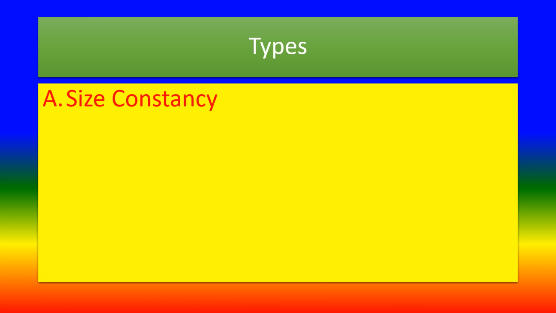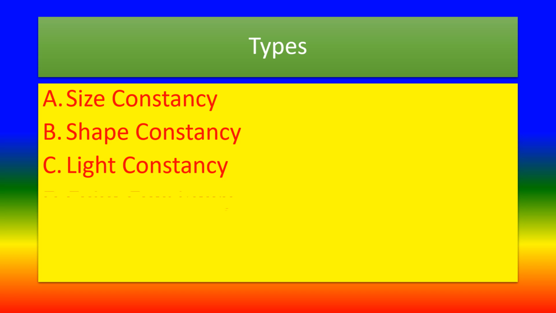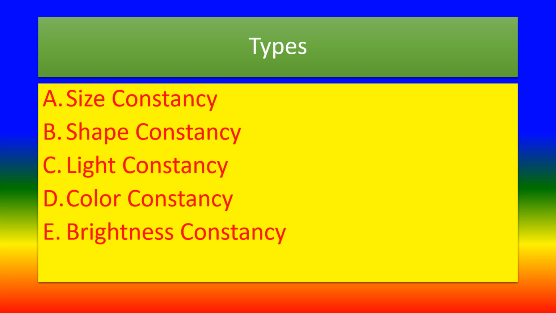Types of perceptual consistency. A, size consistency. B, shape consistency. C, light consistency. D, color consistency. E, brightness consistency. F, location consistency.